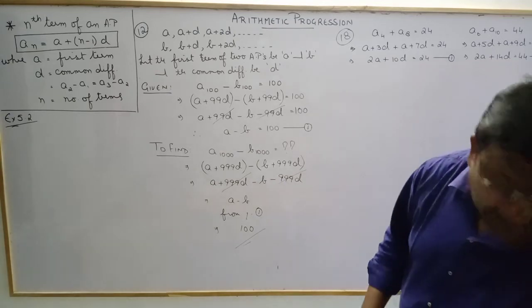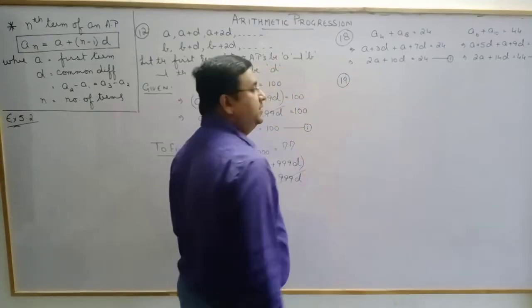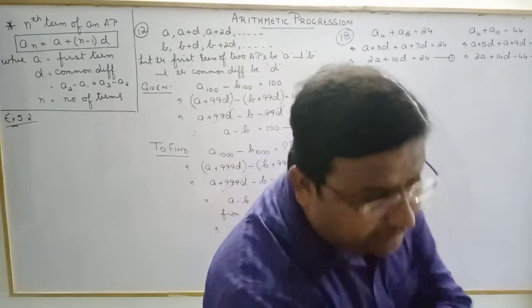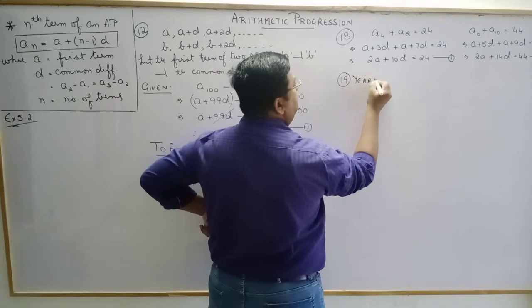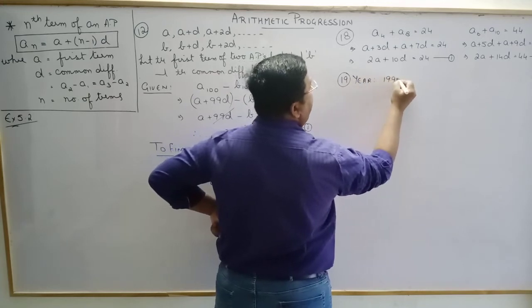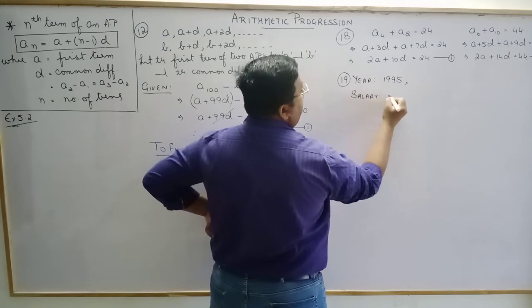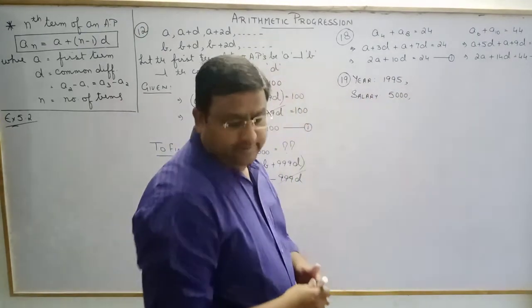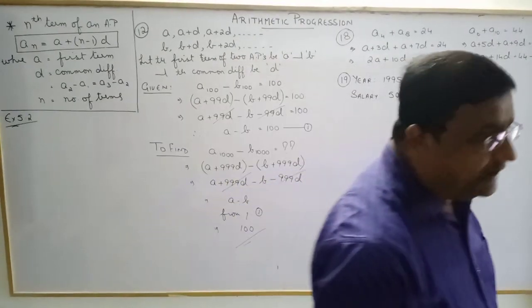Question number 19. Subbarao started work in the year 1995 at an annual salary of 5,000. Year is given to us. In 1995, his salary was 5,000. Then he says he received an increment of rupees 200 each year.